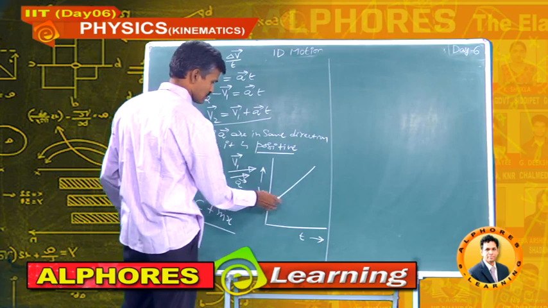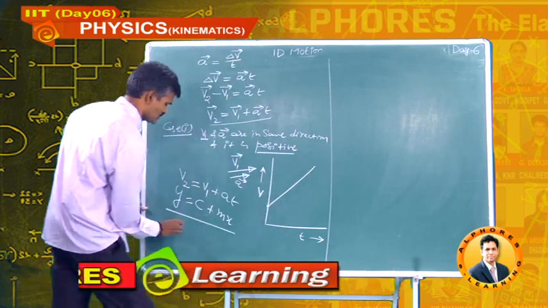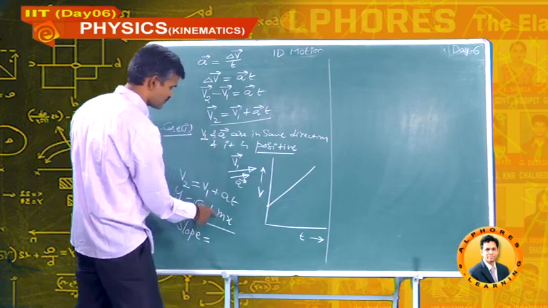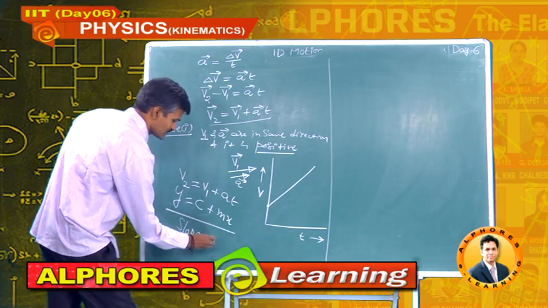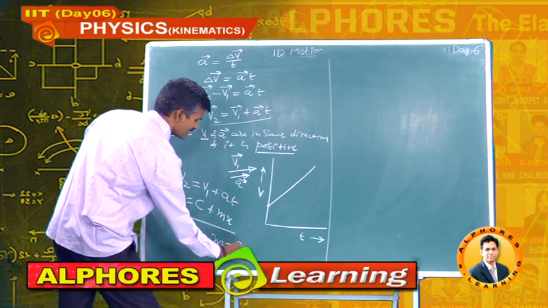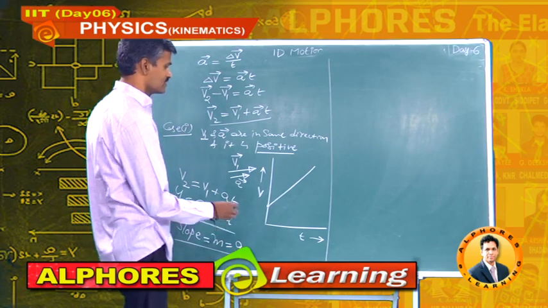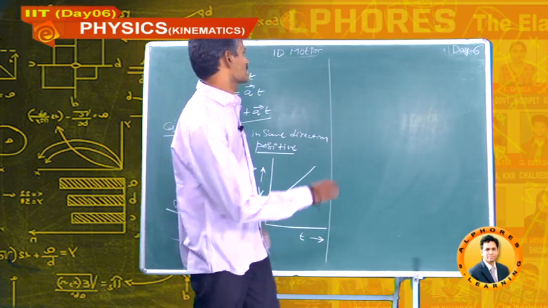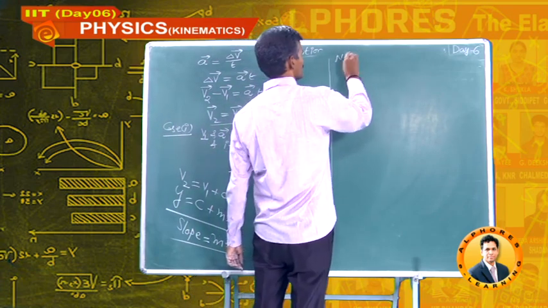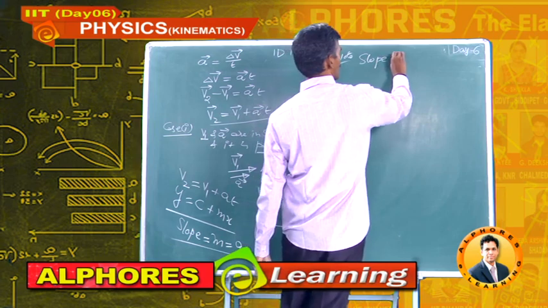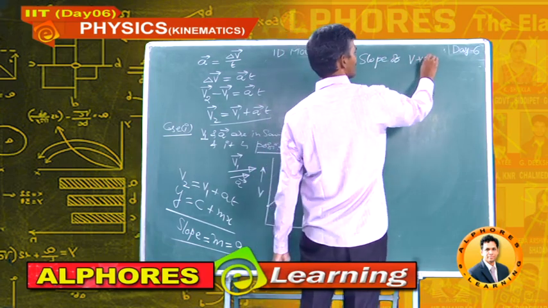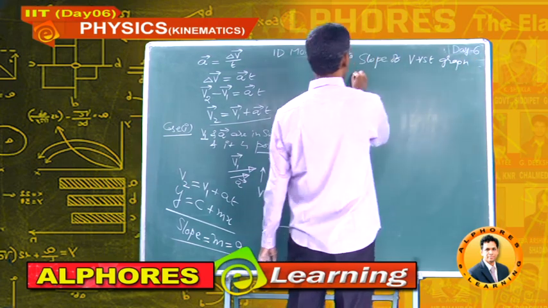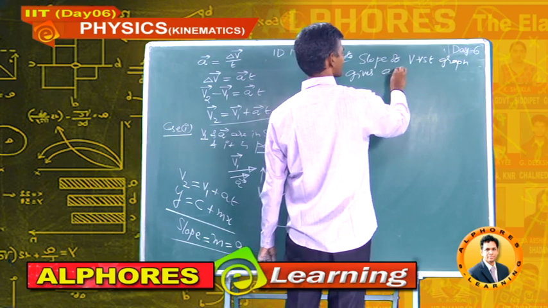By taking the slope of this line, slope m is nothing but a, our acceleration. So note here, the slope of the velocity versus time graph gives acceleration.